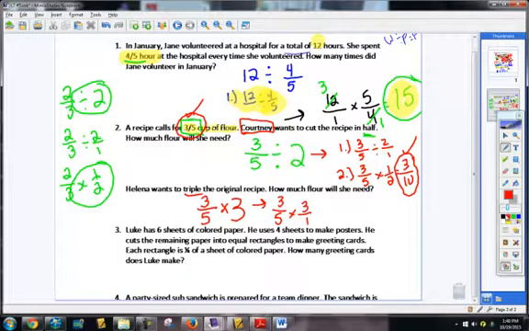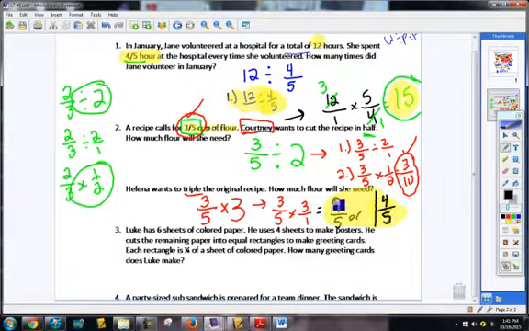And that's it. We would check for cross simplifying. There isn't any. That's going to be 9/5 or 1 and 4/5. So this would be how much Helena would need to make her recipe tripled.